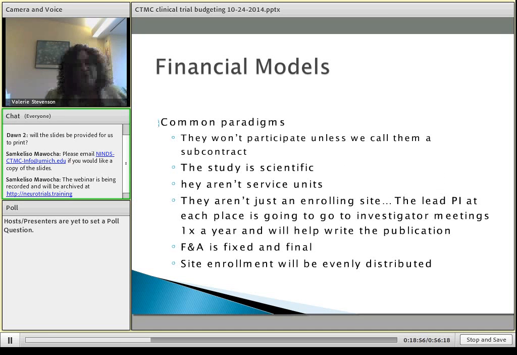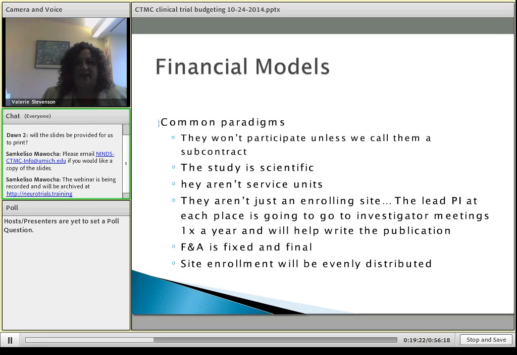So when we talk about funding trials and financial models, a lot of times we may find ourselves not thinking out of the box, because there are many paradigms that people have about funding. Here at the Net, we provide per subject payments, and they're a flat rate payment.